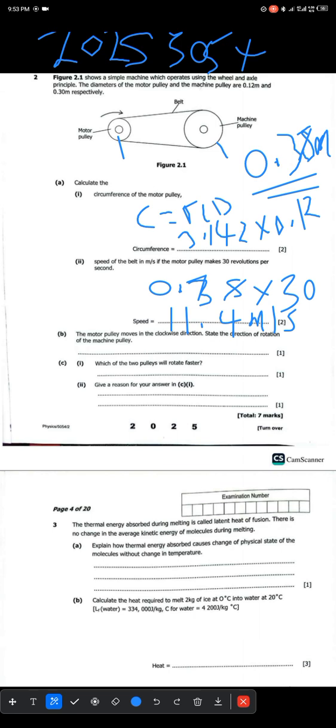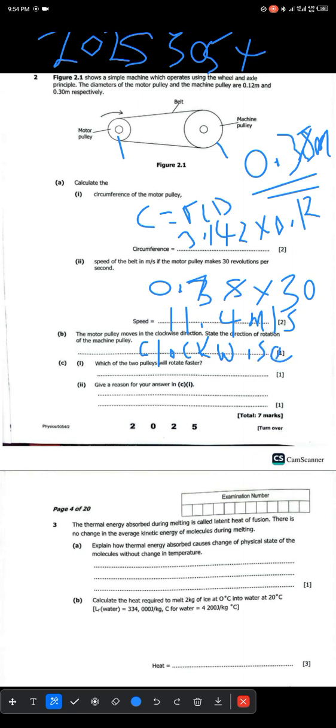Then they're saying the motor pulley moves in a clockwise direction. State the direction of rotation of the machine pulley. So our answer in this case is that it will move clockwise, since they are aligned at the same time. So it will move in a clockwise direction.